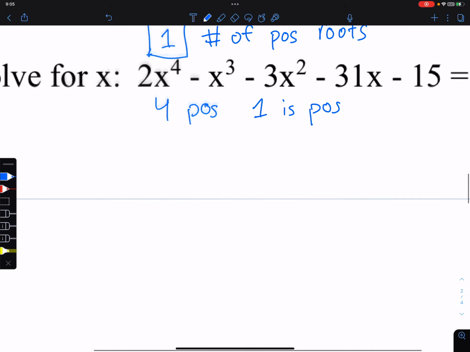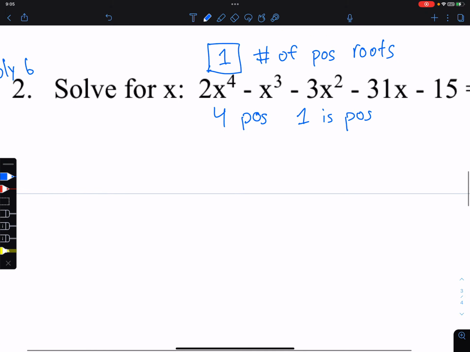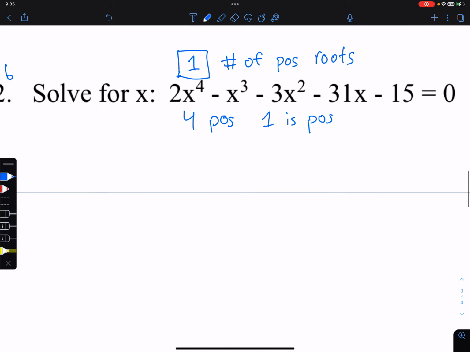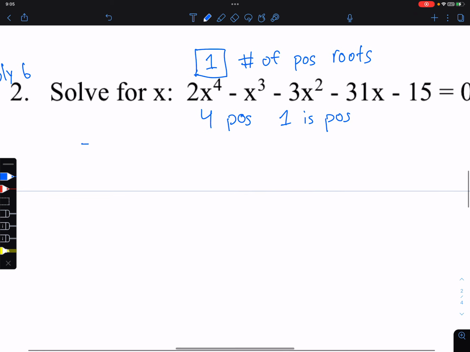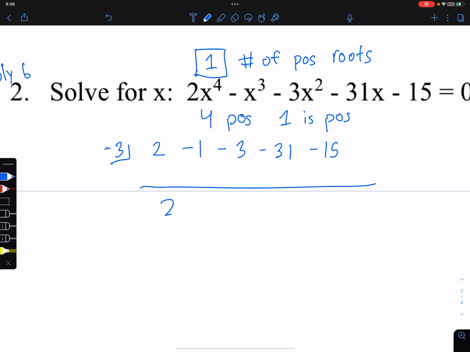Then we can try, and what I would normally do is just guess in the middle. So -3, -3, and then if we do long division here: -3, 1, -15, 2, -3, -4, 12, 9, -27.